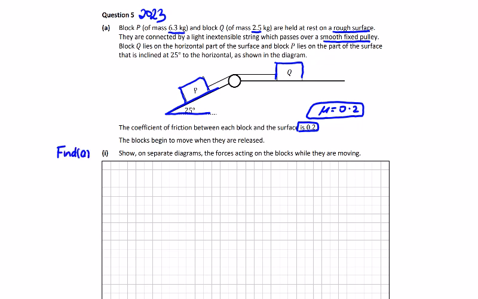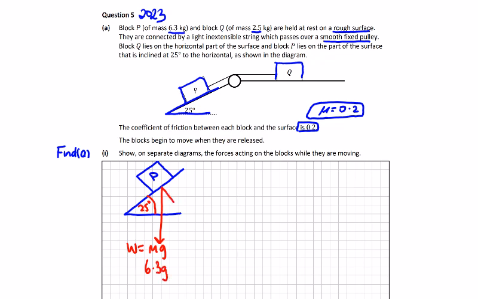So let's look at P on the incline first. Here we have P, 25 degrees. We have its weight, which is mg, which is 6.3 g.